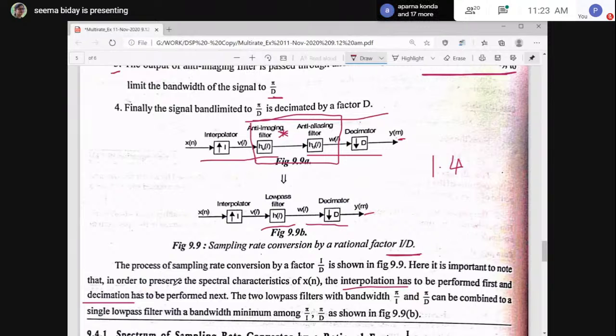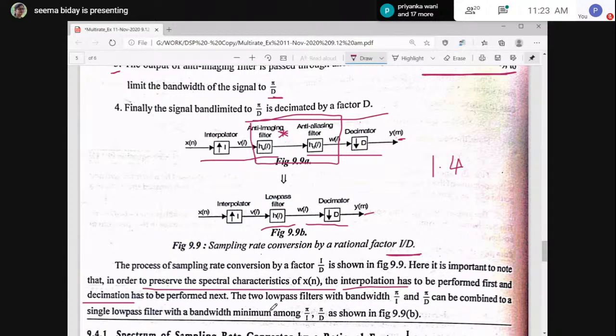Why do we require this? To preserve the spectral characteristic of x(n). Again they can ask you what the requirement is, why we want to do this. The need is to preserve the spectral characteristic, or frequency response, of x(n).